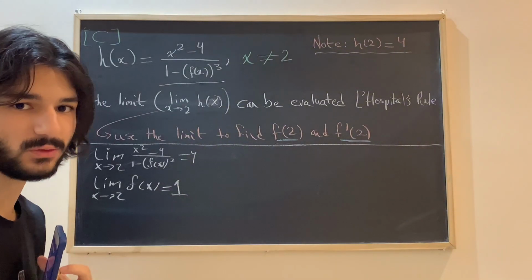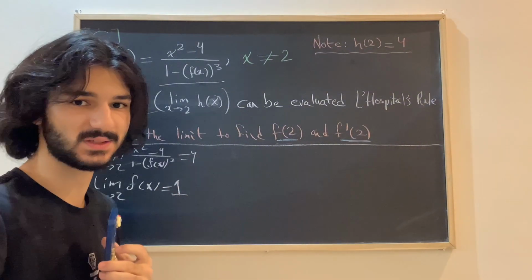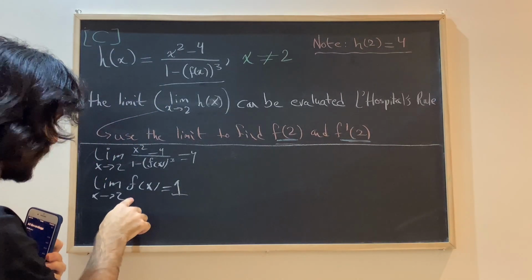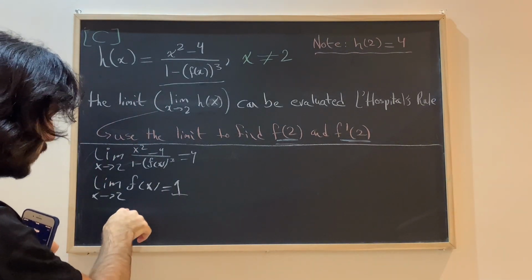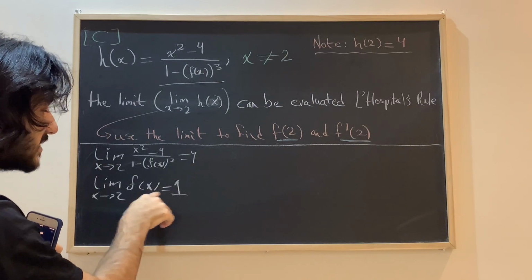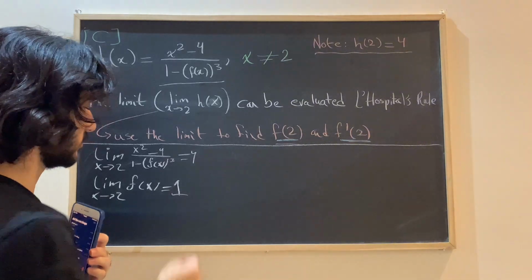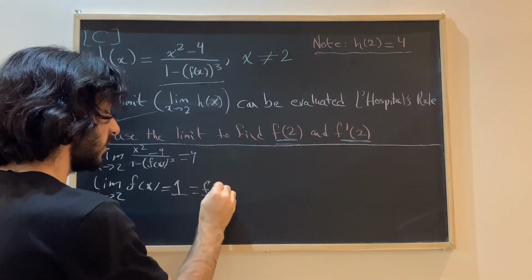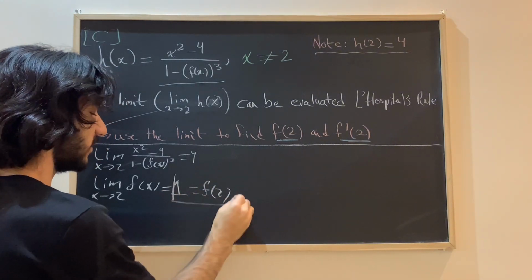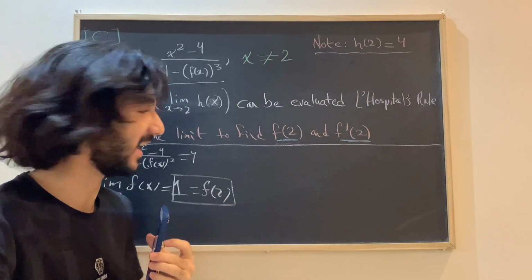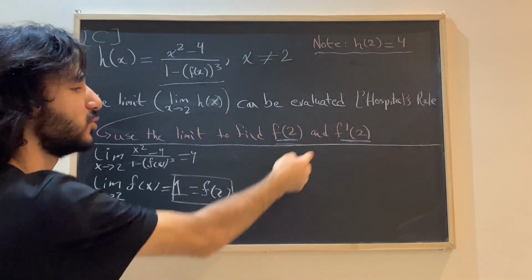And because f(x) is continuous and twice differentiable, when you plug in the value of the limit, it's going to equal the actual answer. So f(2) is 1. So now we have f(2). Amazing, I know.